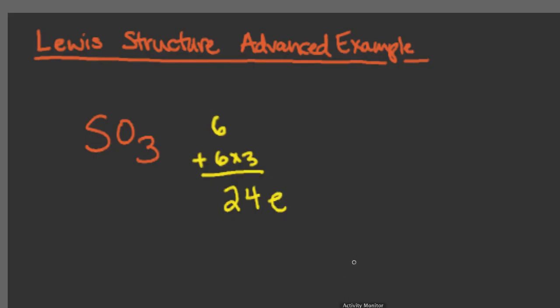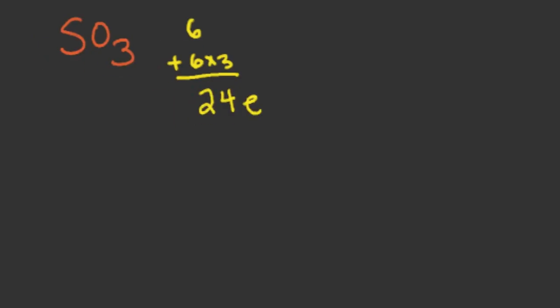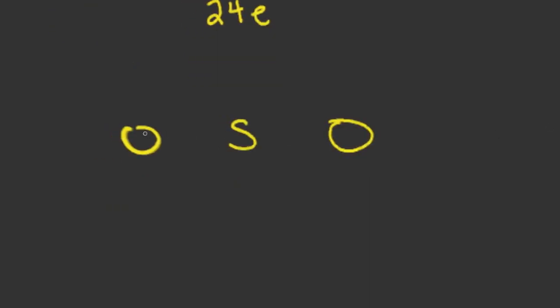So set up your skeleton structure. We're going to have a sulfur with 3 oxygens, and here we're going to have a single bond to each oxygen to start out with.